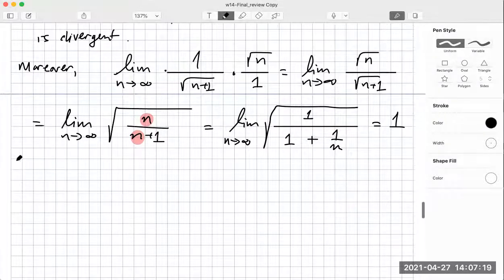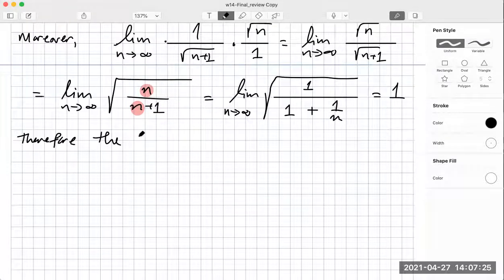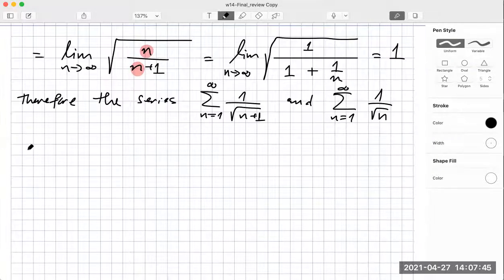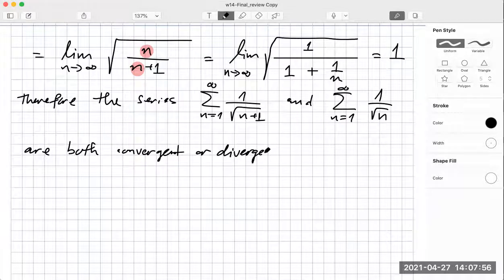Okay, so therefore, the series of 1 over square root of n plus 1 here, and the series from n equals 1 of 1 over square root of n, are both convergent or divergent. By which theorem?